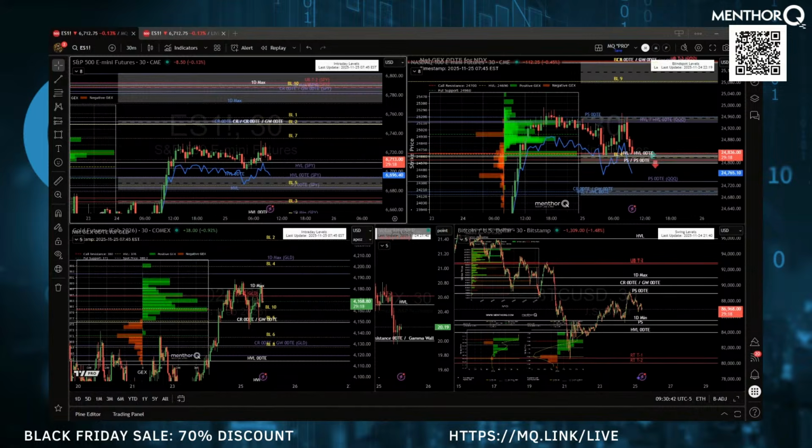We were already touching core resistance 0DTE. Don't get involved too early in the price movements. HVL 0DTE and Q 820 and blind spot 4, later put support, and then disaster or not? Let's check.